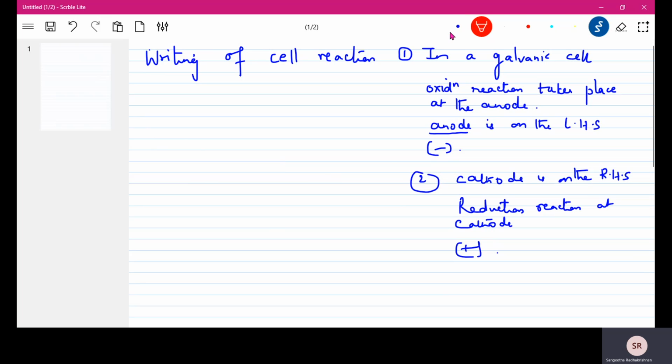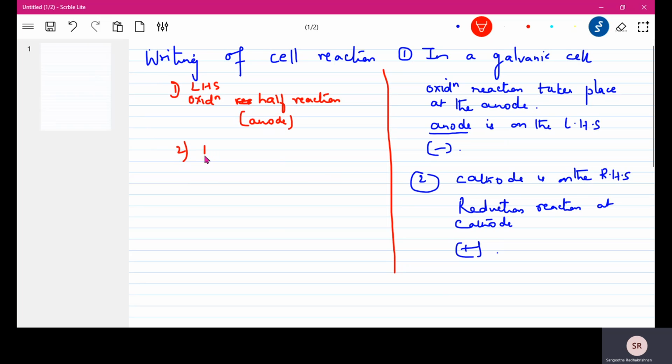Now, therefore, when you're writing on the left hand side, that is on the anode, you're going to write the oxidation reaction. So first thing you need to remember is left hand side, oxidation half reaction to be written, because half of the reaction will be on the left hand side, that is on the anode.